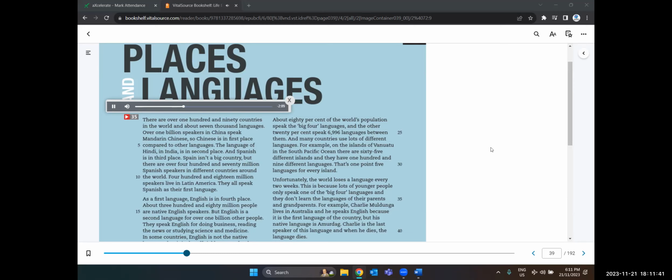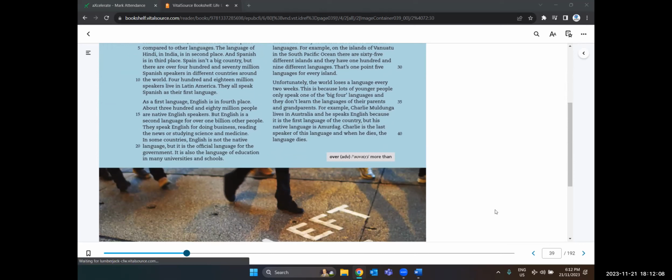As a first language, English is in fourth place. About 380 million people are native English speakers. But English is a second language for over 1 billion other people. They speak English for doing business, reading the news, or studying science and medicine. In some countries, English is not the native language, but it is the official language for the government.